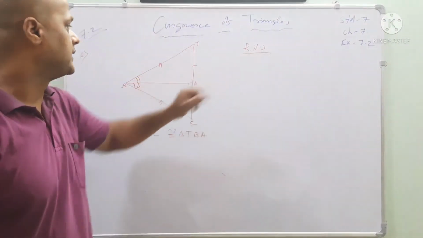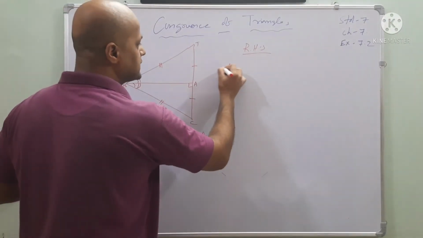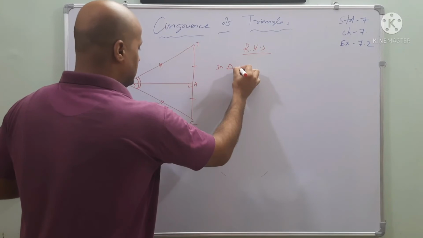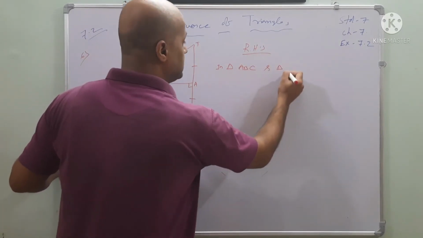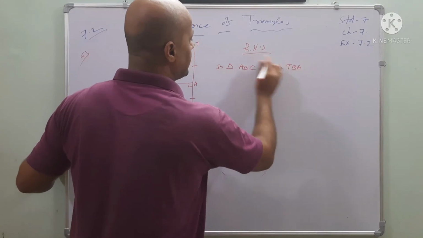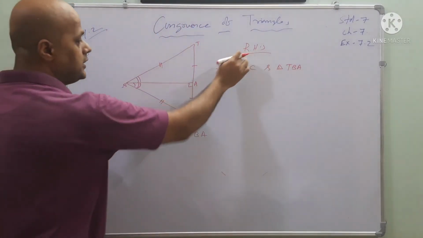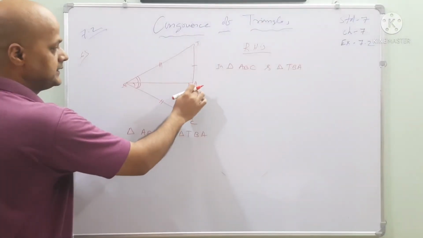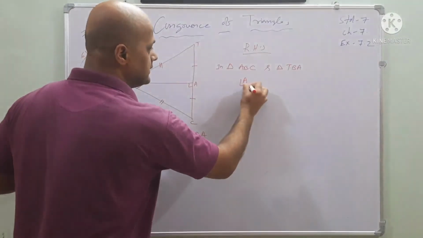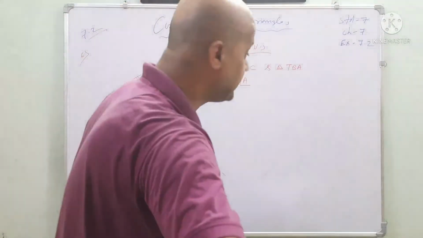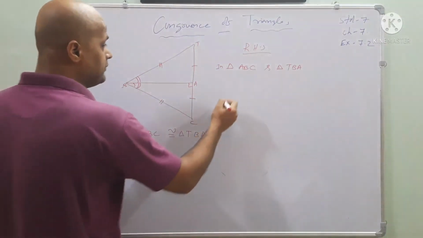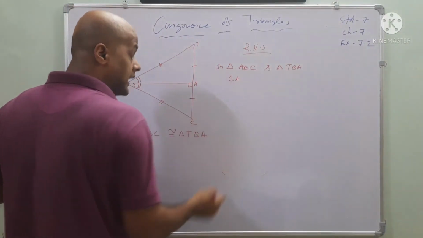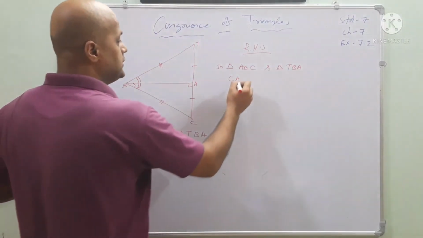First one is right angle. So write the two triangles, triangle ABC and triangle TBA. Now go for it. RHS. Right angle is where? Yes, in angle A. Because both the triangles have angle A common, you have to write the angle in a very clear manner.